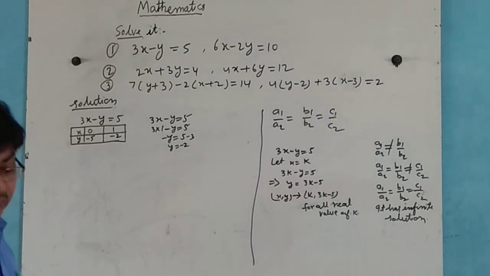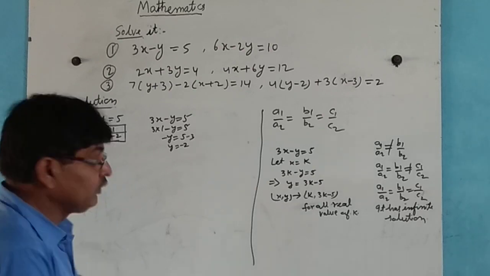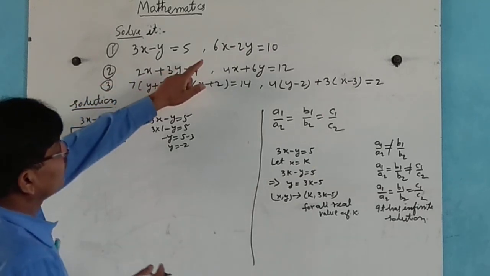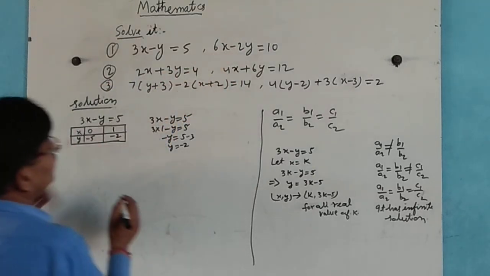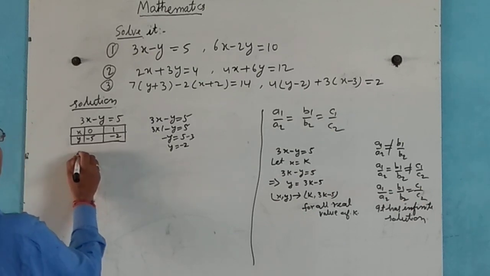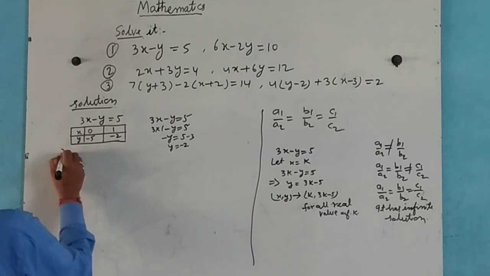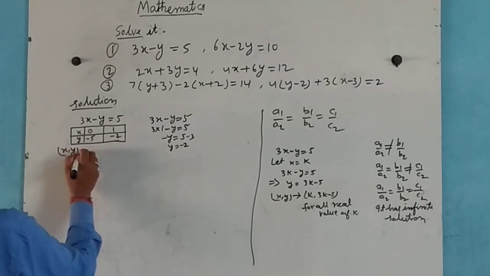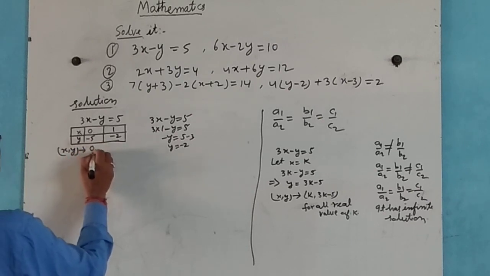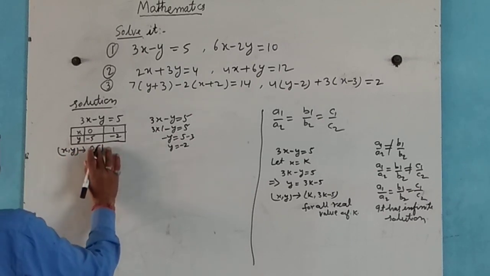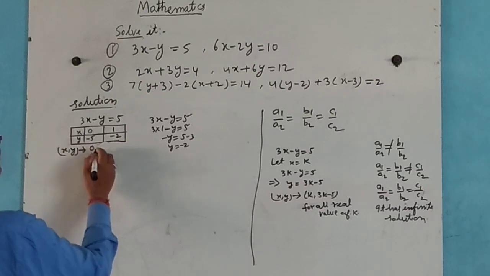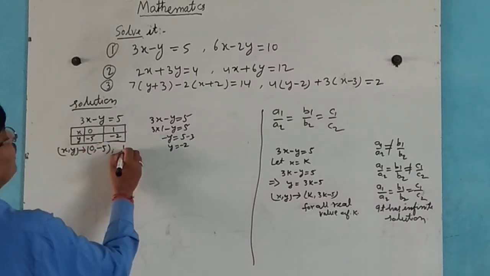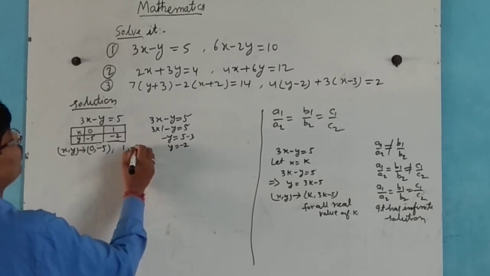So the points are (0, minus 5) and (1, minus 2).